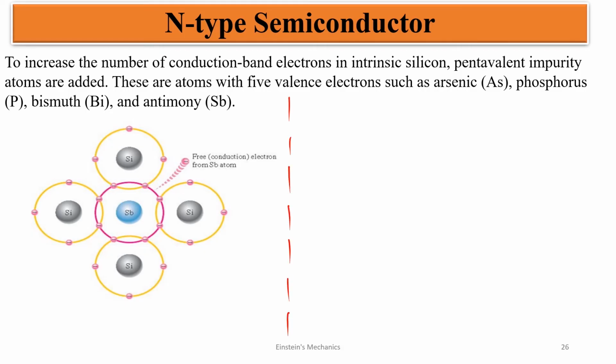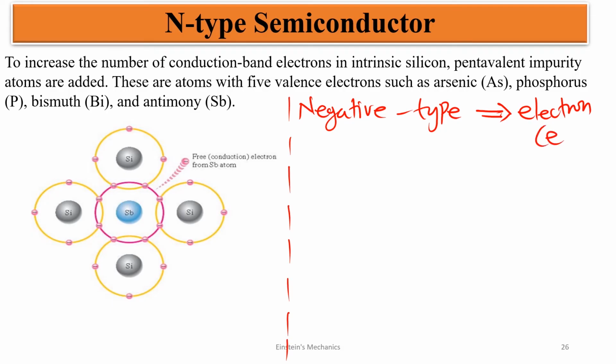So we have two types of the semiconductor. We are going to talk about the N-type and the P-type. N-type representing what? The negative type. So that is negative type. And when we talk about negative type, we mean electrons are dominating, because they are the negative charges.